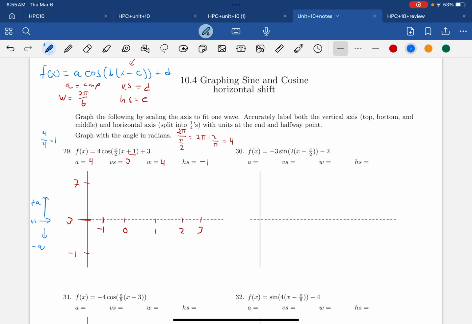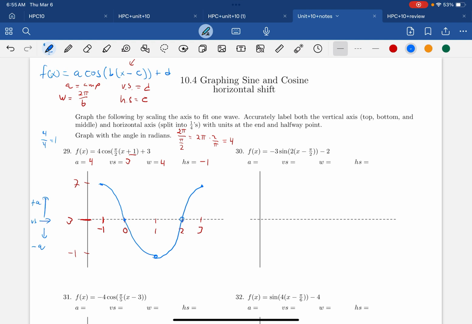The graph is simple. It's a positive cosine. Starts at the maximum, goes to the middle, goes to the minimum, goes back to the middle, then back to the maximum. Done. Okay, so that's how we deal with our horizontal shift.